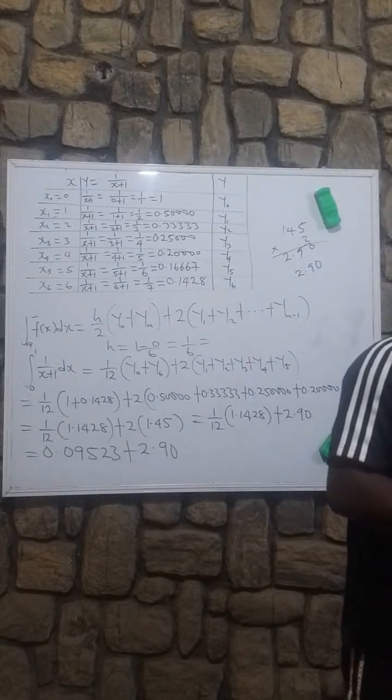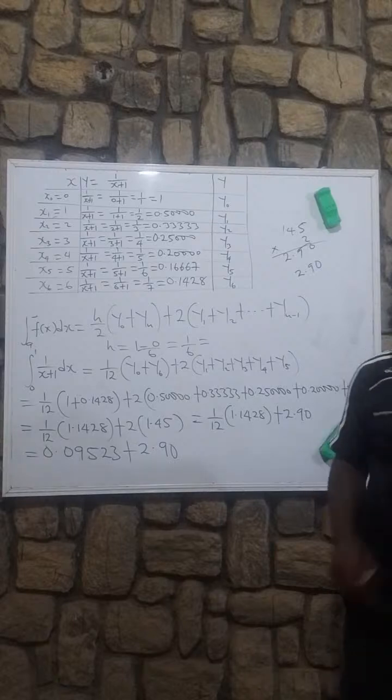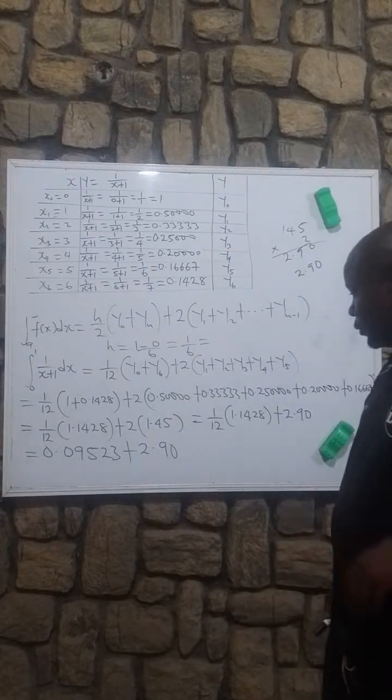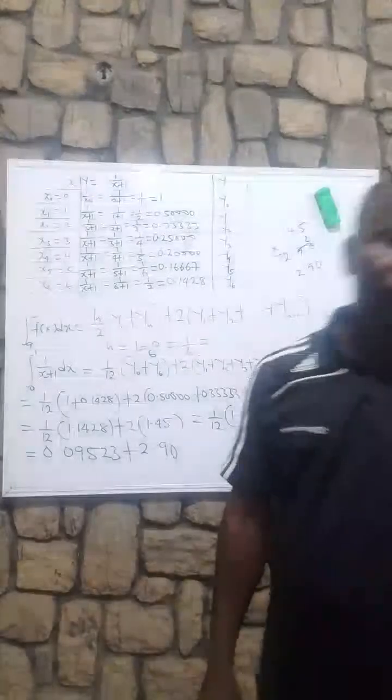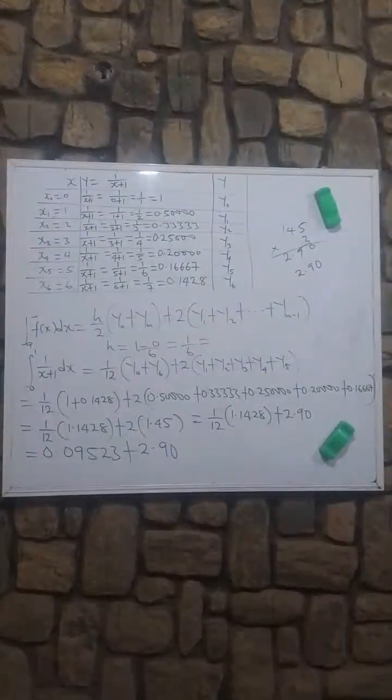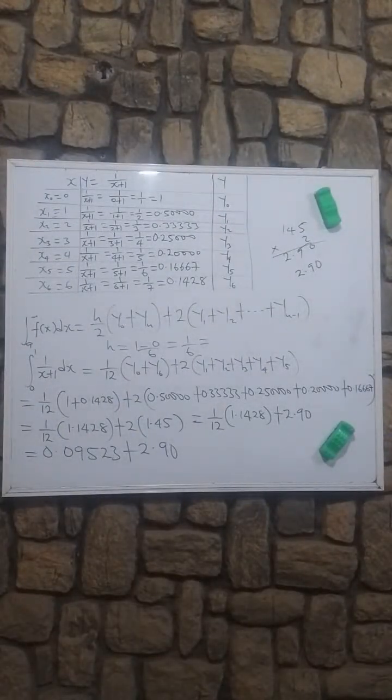Are you sure we are in order? Add it up. You people should add it up. Anthony, 2.99952. Okay.